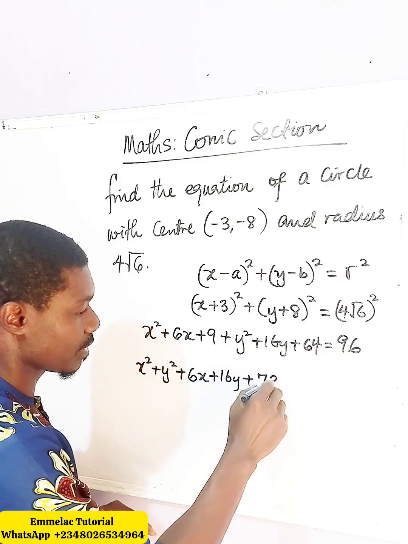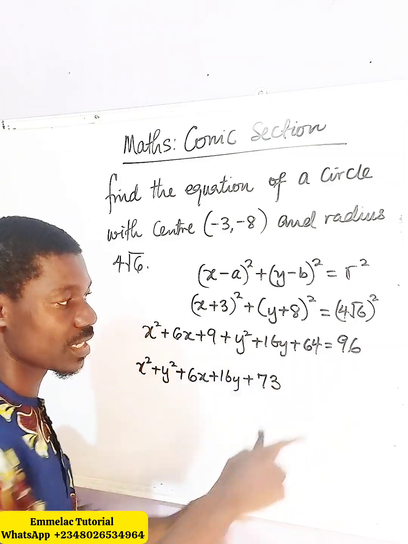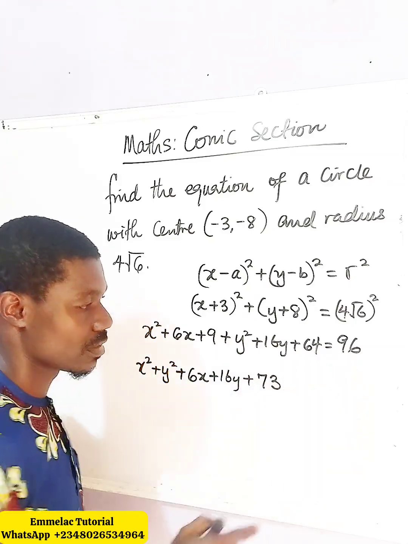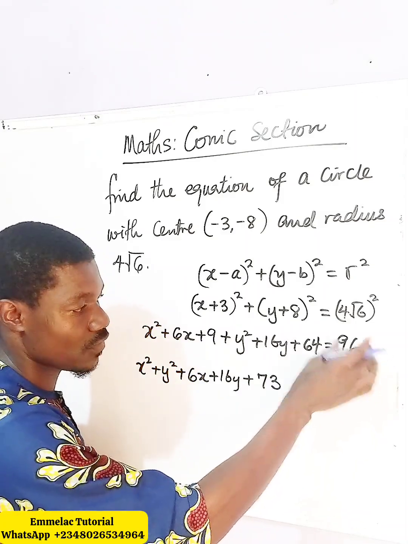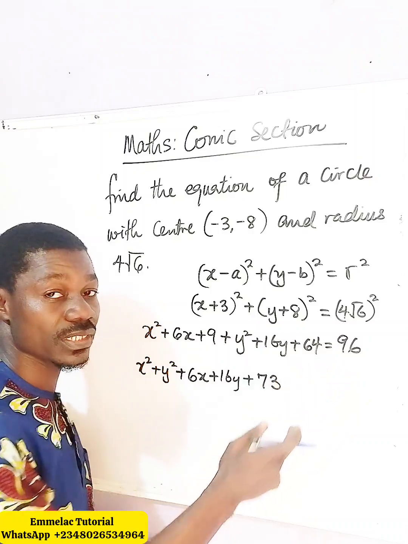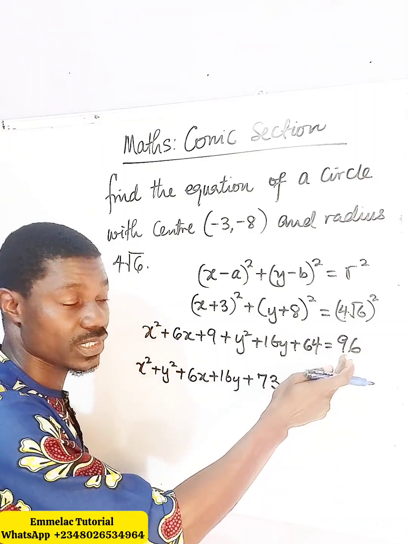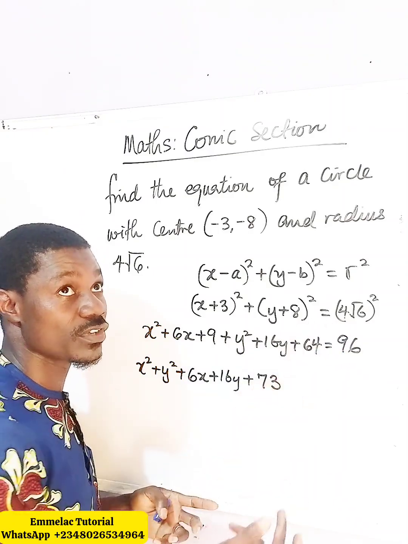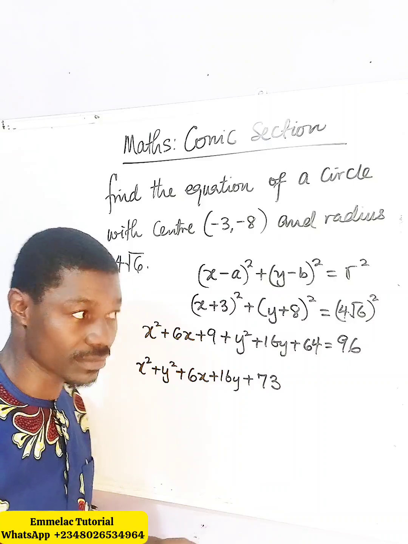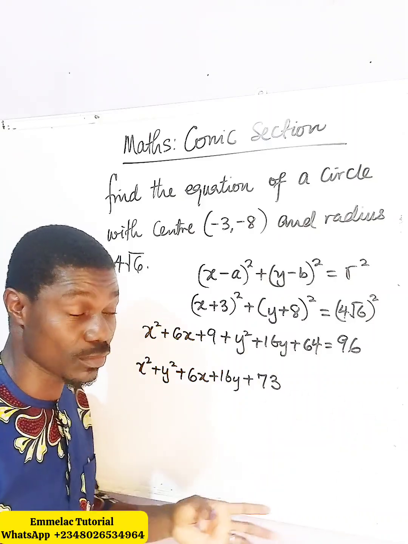So 73. Now bring the 96 over to the right hand side. Since it is crossing the equal sign, it becomes negative. Or better still, we subtract 96 from both sides.